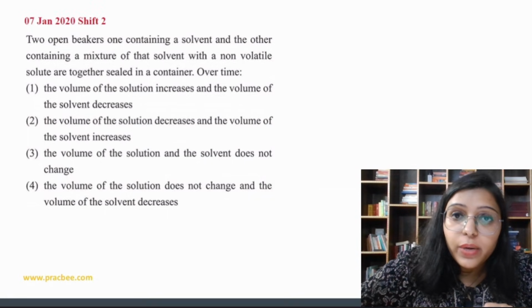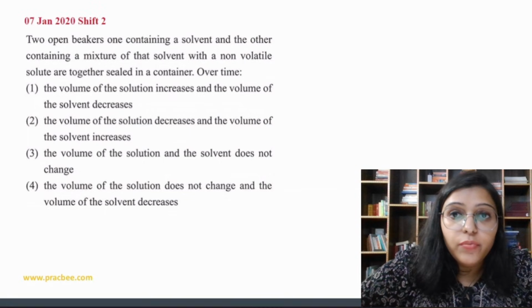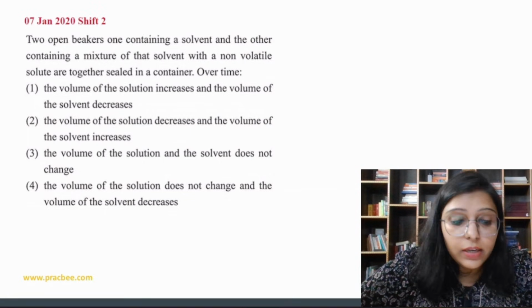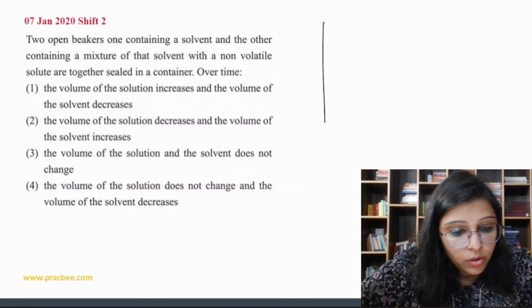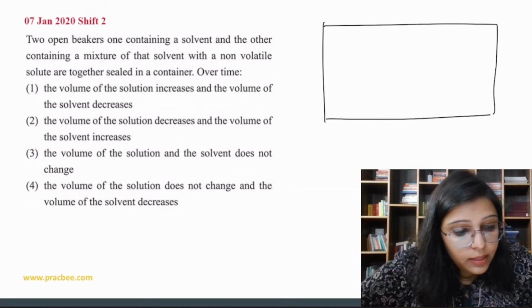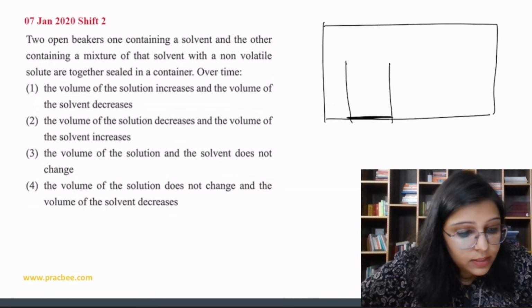Two open beakers, one containing a solvent and other containing a mixture of that solvent with a non-volatile solute are together sealed in a container. Okay, so this is a sealed container. In this sealed container, we have two beakers, right? One beaker is this, another beaker is this.